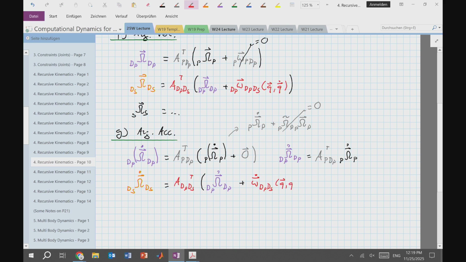And this is basically coming from the internal motion of the joint, in particular the internal acceleration of the joint, which depends on some q double dot, expressed in dp coordinates, plus I have omega dp times the angular rate, so omega dp ds of the dp system.